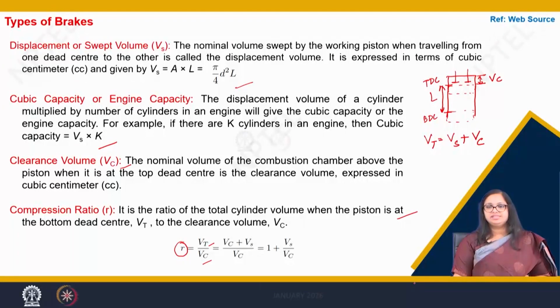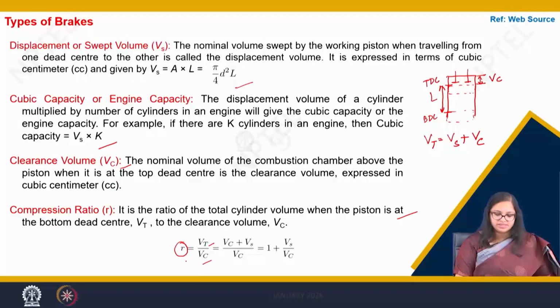So, let us say the complete cylinder gets filled with air-fuel mixture or air, then the complete volume gets compressed into that smaller section, the smaller volume, which we call the clearance volume.